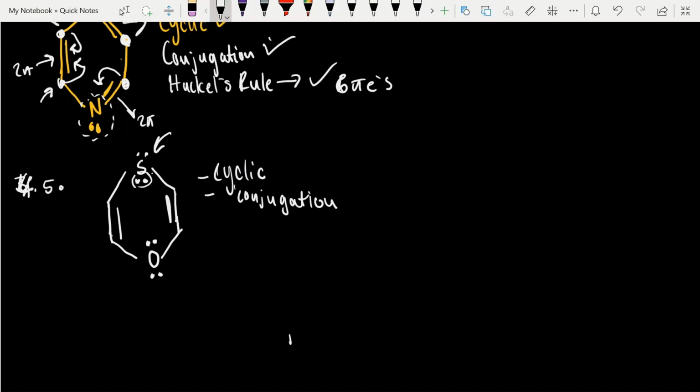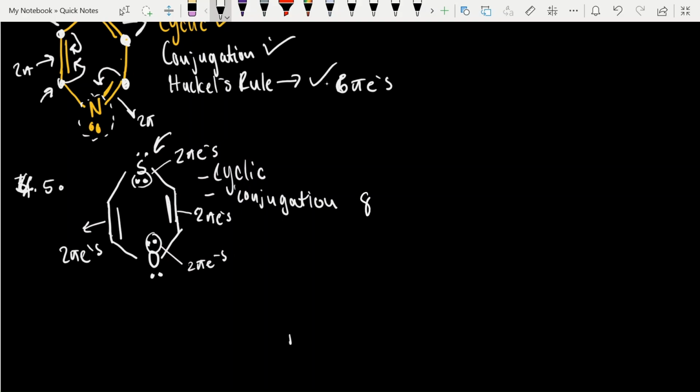So that means here we have 2 pi electrons because they go together. And then this double bond, you have another 2 pi electrons. And then here is oxygen. It has 2 lone pairs, so definitely 1 will go, and that will be 2 pi electrons. Then here you are going to donate again 2 pi electrons. So it's going to be 2, 4, 6, 8.